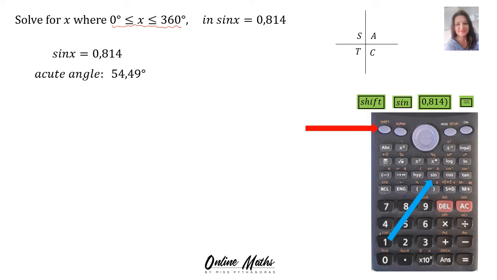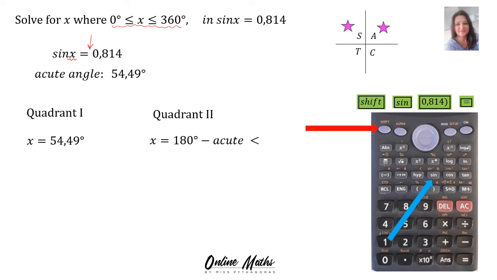Then we go back to the original sum and we will find that the sign there is a positive. And then you will go to your cast diagram and say, where is sin positive? Sin is positive in the first and the second quadrant. Quadrant 1 and quadrant 2. In the first quadrant, you will write on the left hand side, whatever the angle was is x equals, and then the solution in the first quadrant is the acute angle or the reference angle.